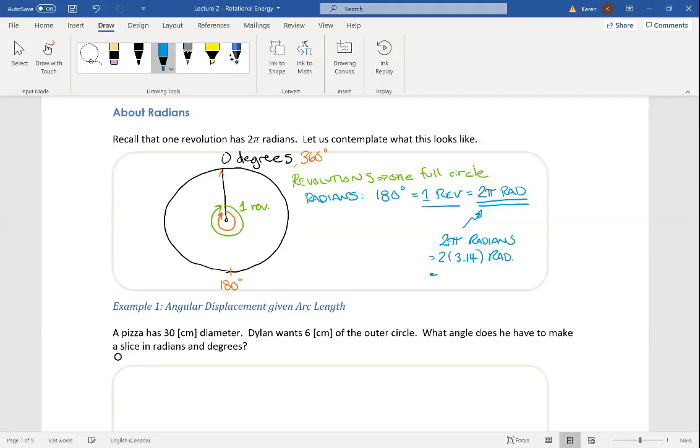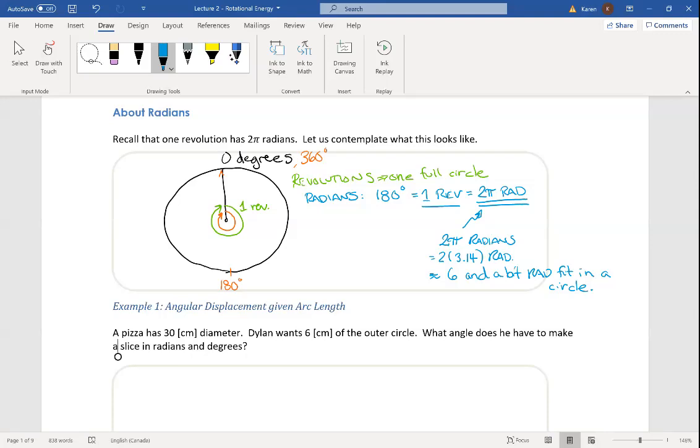So that is essentially 6 and a bit radians that fit in a circle. So if I were to ask you, what does a radian look like if you were to hold up your hands? Is it a teeny tiny angle or is it a huge angle, like half of a circle? Well, 6 and a bit of them have to fit inside a circle.